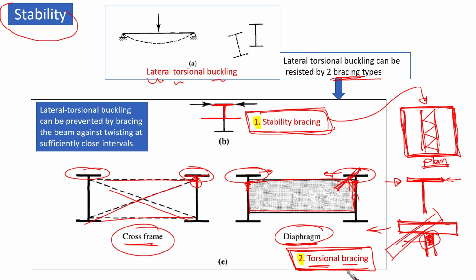Okay, so these are the two types of bracing that we can use to resist lateral torsional buckling. Okay, and lateral torsional buckling can be prevented by bracing the beam against twisting at sufficiently close intervals. And we said that this is like the intervals here. We can control it like this.